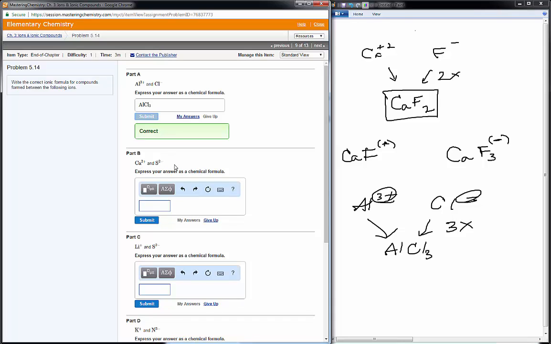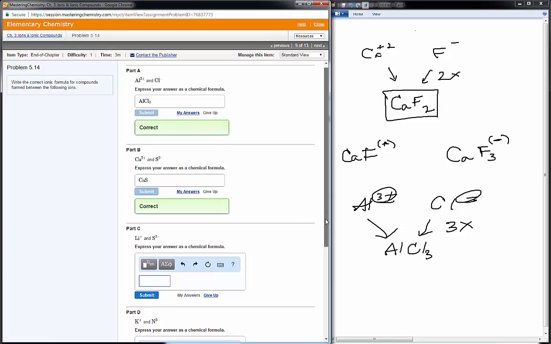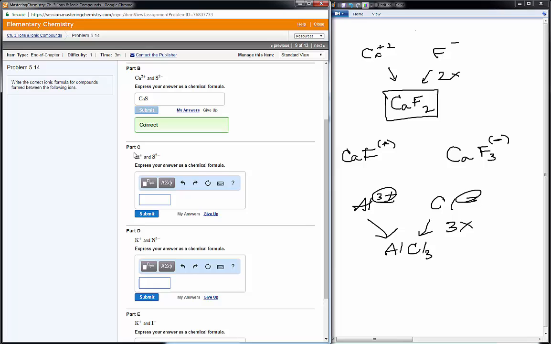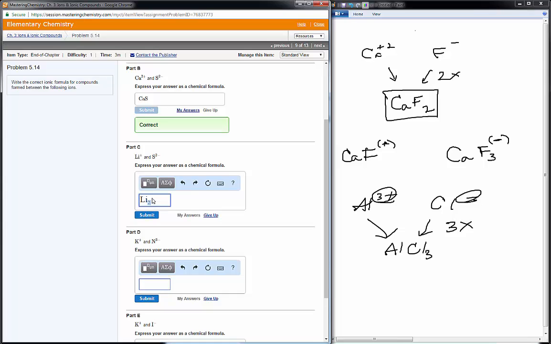And for calcium 2+ and sulfur 2-, the charges cancel. One of these is equal and opposite to one of those, so I just need 1 of each. For this one, I have lithium with a 1+ and sulfur with 2-, so I need 2 lithium ions to balance the S charge. So it's going to be Li2S.